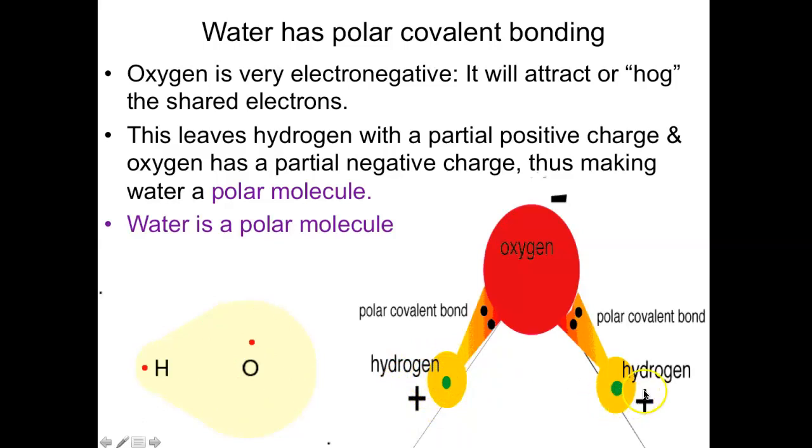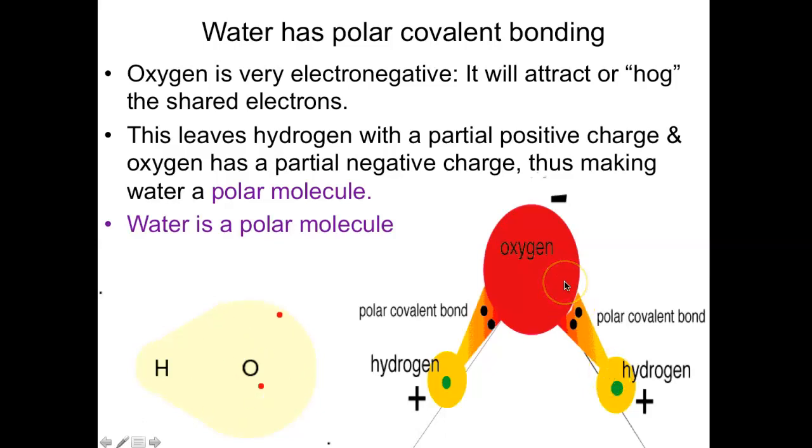So our two hydrogens are ending up with not a full positive charge, it's a partial positive charge because we're not losing the electron, we're just sharing it unequally. So the hydrogens have a partial positive charge, oxygen has a partial negative charge. These are polar covalent bonds between the oxygen and the hydrogen.